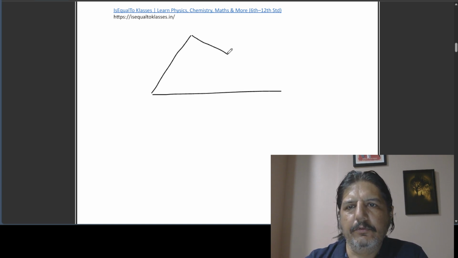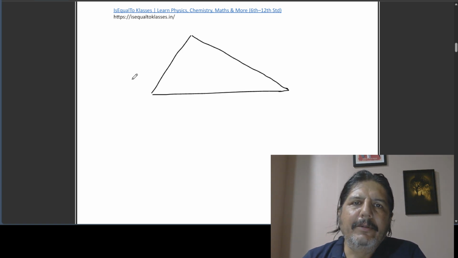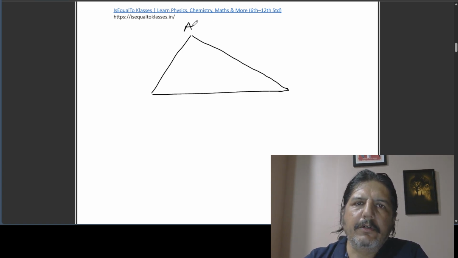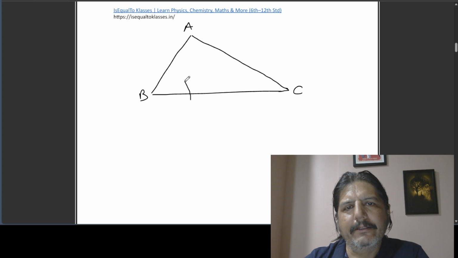Let me use a bigger figure. So first of all, I'll draw any two angle bisectors. So if this is a triangle which is given, A, B, I hope you know how to draw the angle bisectors. So what we do is I draw a chord like this.